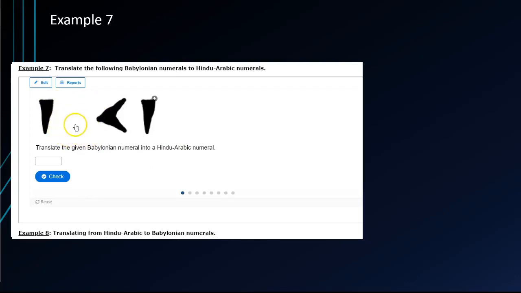Now the Babylonian way is it goes by base 60. So this would be your ones position, your standard position, which would go from 1 to 60. So you can have any number represented here from 1 to 60. Actually, 1 to 59. 60 would be over here somewhere.